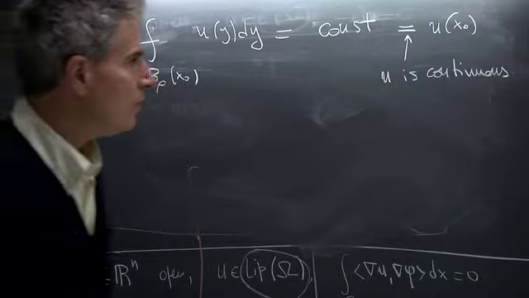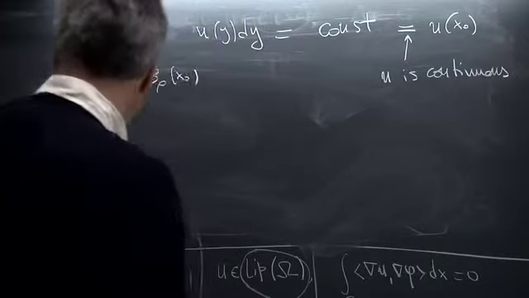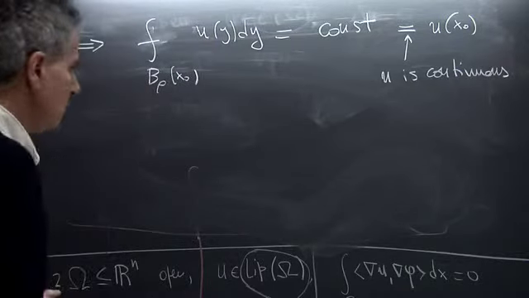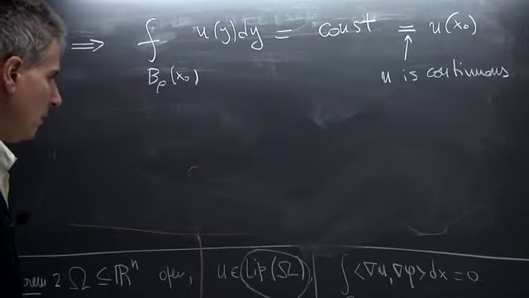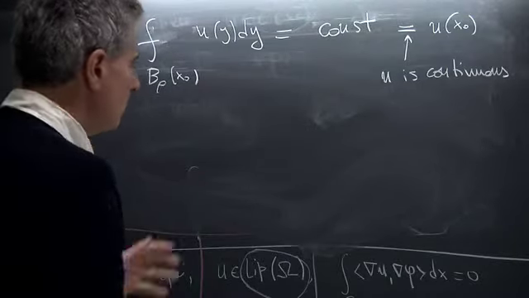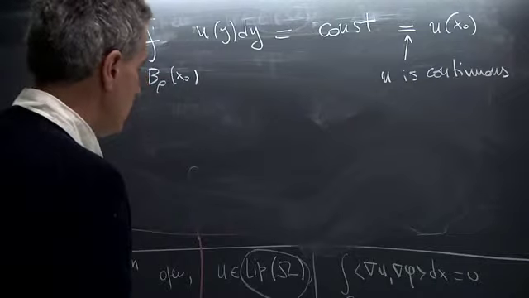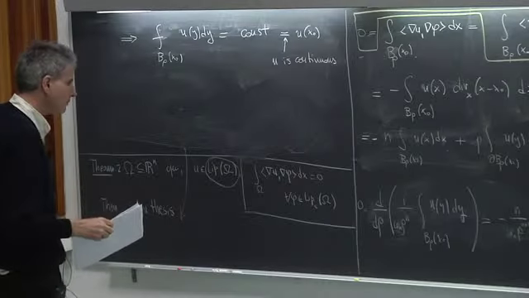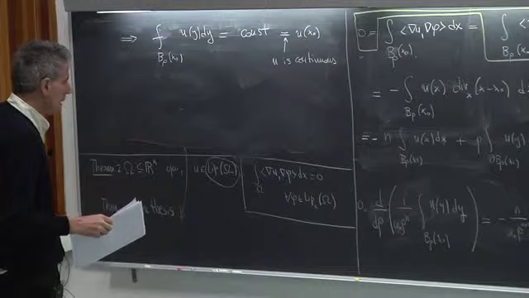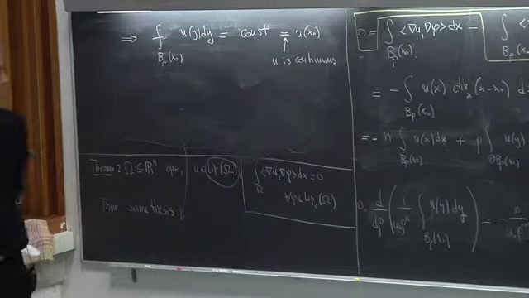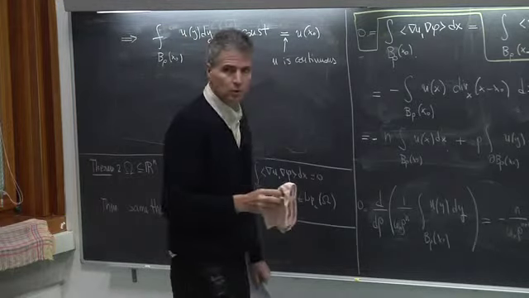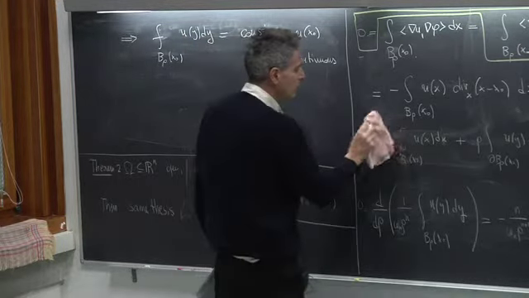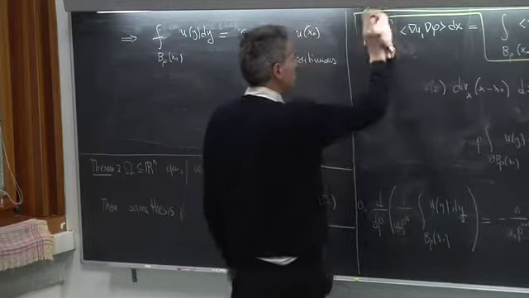Okay, so we have proven a slightly stronger version. Theorem 2, you see, is slightly stronger than Theorem 1. Now I leave you this as an exercise. Assume that you want to state a similar statement, but for subsolutions, so for subharmonic functions.